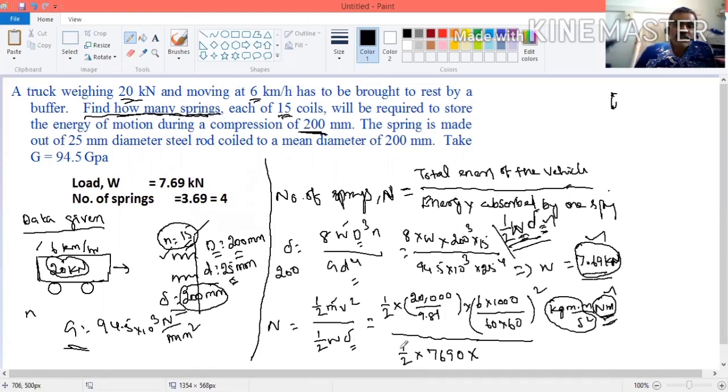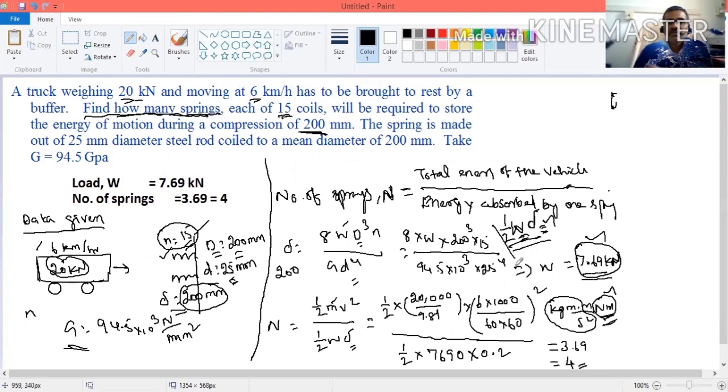Then delta you have to substitute in meter, not in millimeter. Delta is given 200 millimeter, so you put 0.2 meters. So this will give n is equal to 3.69. Generally, the number of springs cannot be a fraction, so you round off to the next whole number. It is 4.